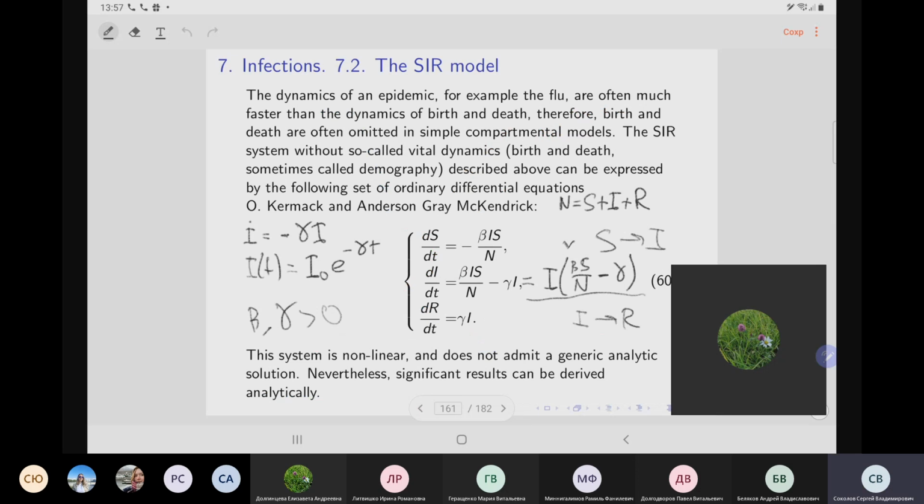Returning to the previous formula, we see that I dot is positive if and only if S is greater than gamma N divided by beta.